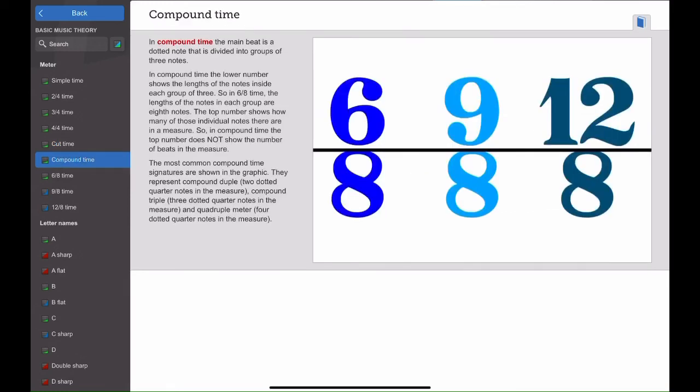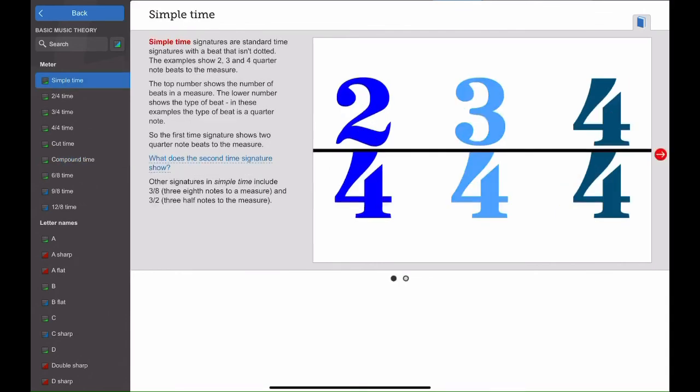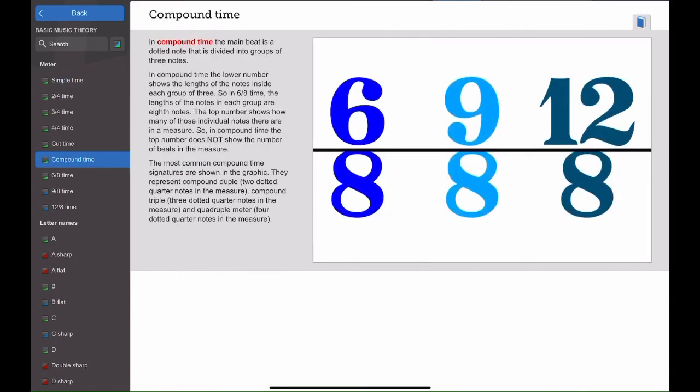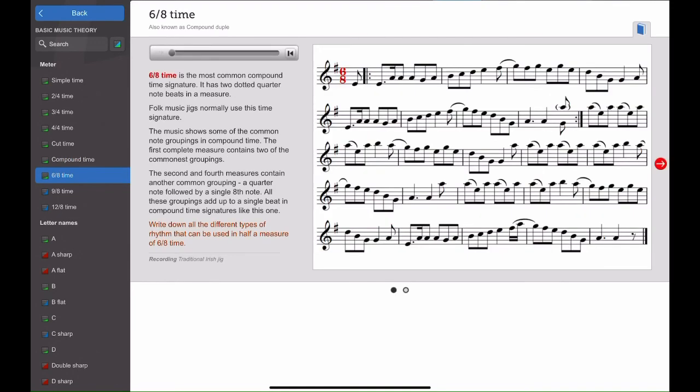We talked about what compound versus simple time is. A little bit of a review if you want to pause and see. And now we're going to talk about 6/8.